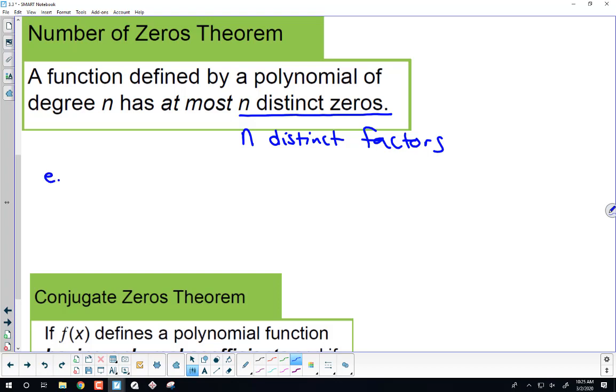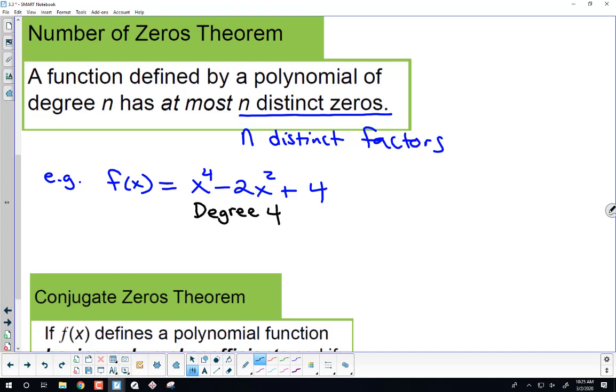So for example, if we have x to the 4th minus 2x squared plus, I don't know, 4, this polynomial has a degree of 4. That means we know we're done factoring this thing completely when we have 4 distinct factors.